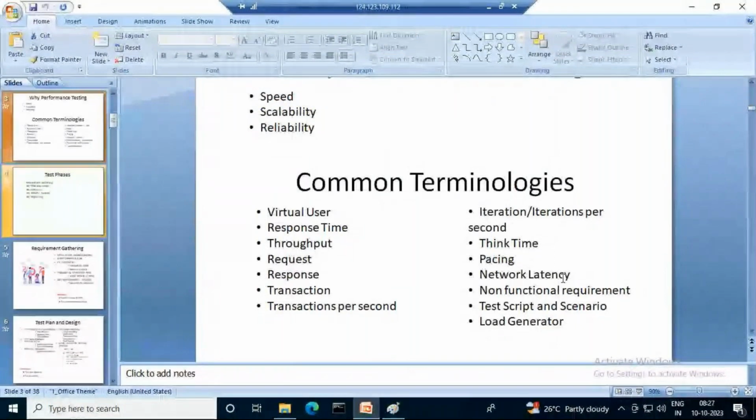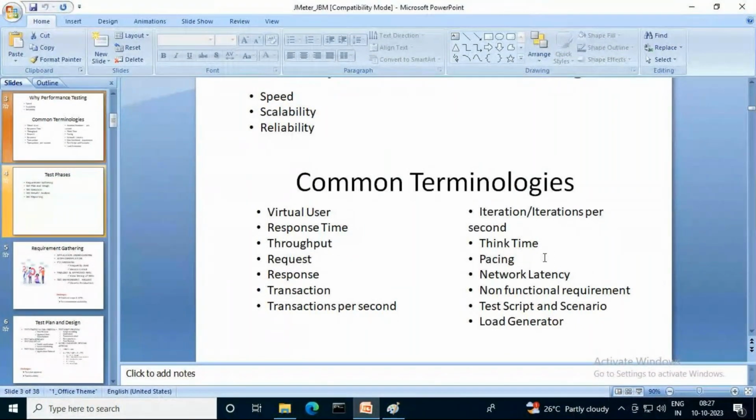So what I was trying to say is two important terms: think time and pacing. Think time, first of all. Let me ask you all a question. Whenever you use any application, you launch the application. As soon as you launch it, are you logging in?